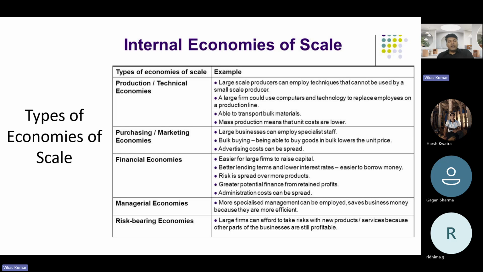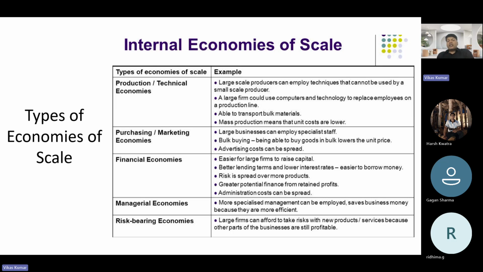The large, sustainable, profitable firm has that capability, and their books and balance sheets are very neat and clean. Because of that, they are able to fetch money from banks and multiple investors, and their risk also spreads over more products.